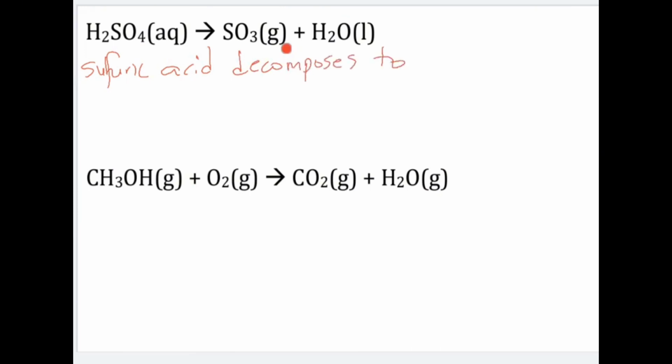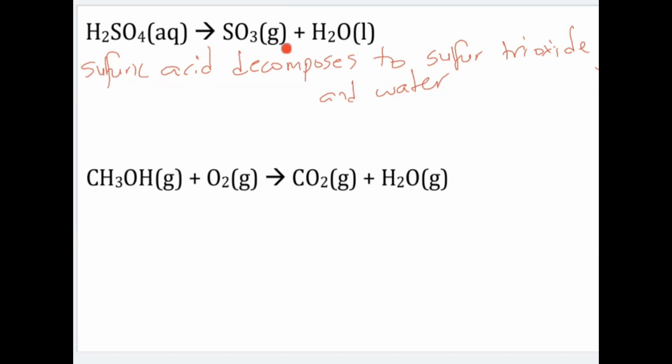And it's going to give SO3, so we can call that sulfur trioxide, and it's a gas because we have the g beside it, and water, H2O. Right? So notice, because we only have a reactant of sulfuric acid, and it gives two things, then this is a decomposition. It's breaking apart to create two smaller things.